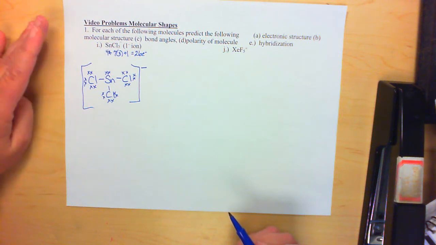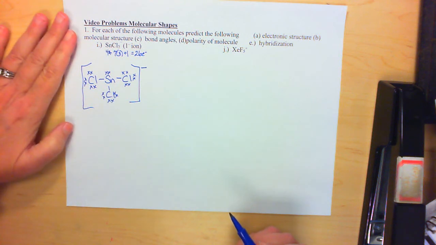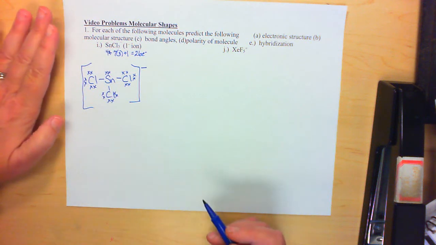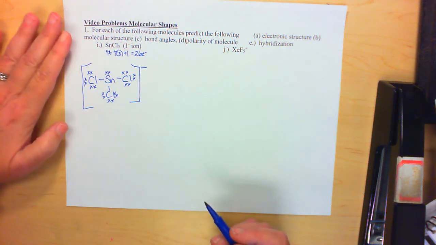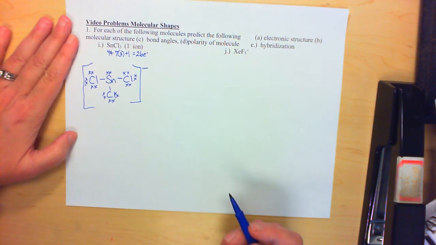Remember, it's not until we deal with formal charges, and I will do that on a different video, that we have to designate who's got it. So right here, we're just going to stick with the negative all over the place.